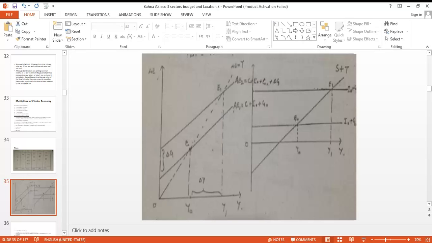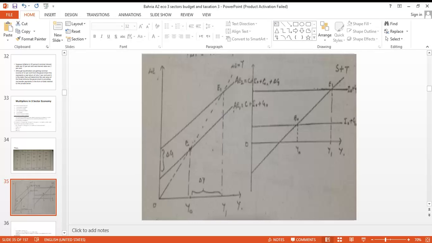The AE1 moves to AE2, and that is because of the multiplier. Initially your income was Y0, the income increases by a bigger percentage and goes up to Y1, and so do your savings.